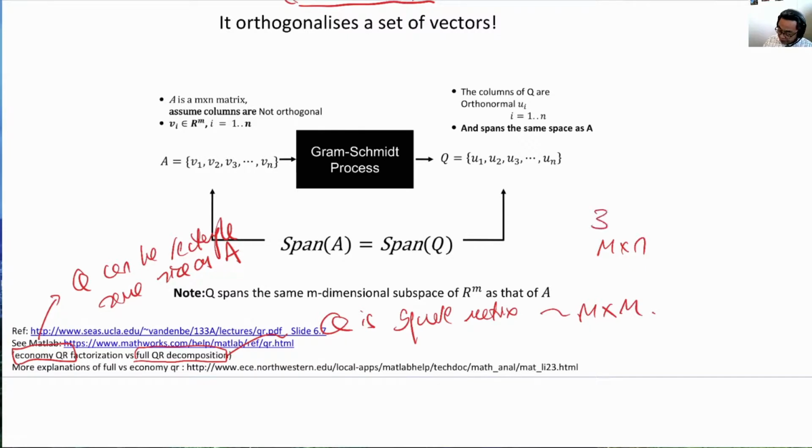For example, if we have an A of 3 by 2, in the economy we'll have a 3 by 2 Q, but in the full we'll have a 3 by 3 Q. So you must know that there are different variations of QR factorization depending on the parameters sent to MATLAB or to Python, as in the NumPy package in Python, to get the decomposition.